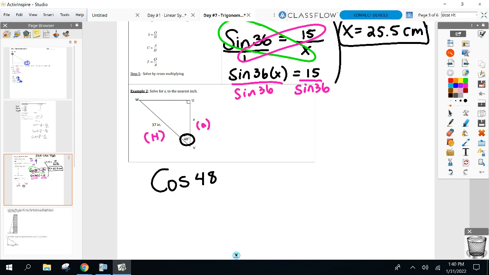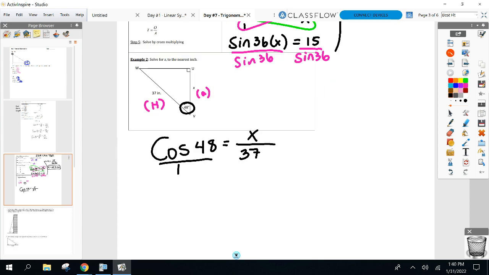The cosine of 48 equals, remember cosine, A over H, adjacent x over hypotenuse 37. Just like last one, turn it into a proportion. Put it over 1.